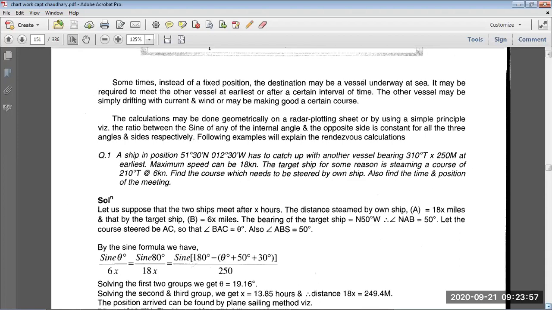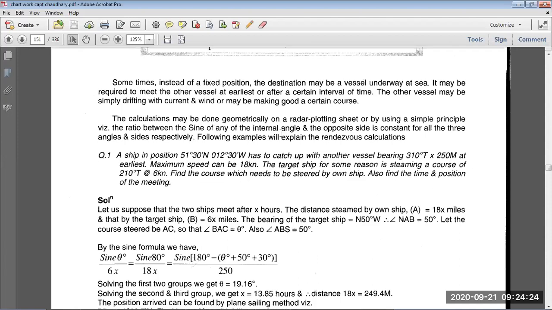So calculations are done in two ways, either by radar plotting geometrically, like the vector or chart triangle which we do, or there is a sine formula with which this can be done, that we will see. The sine of any of the internal angles and the opposite side is a constant ratio for all three angles and sides respectively.